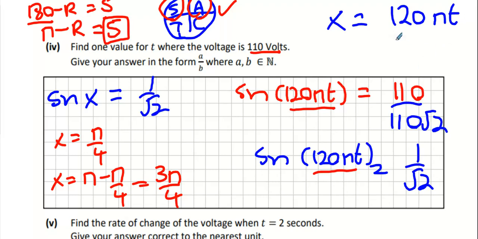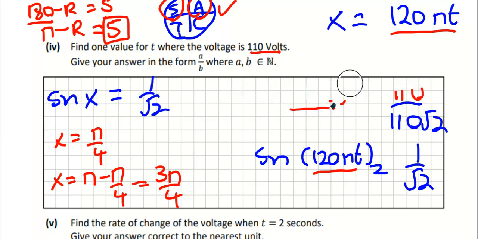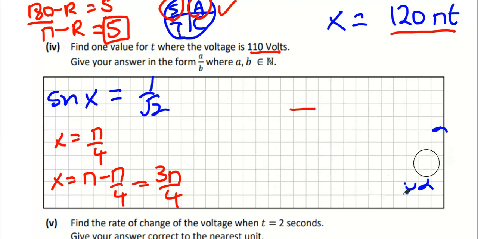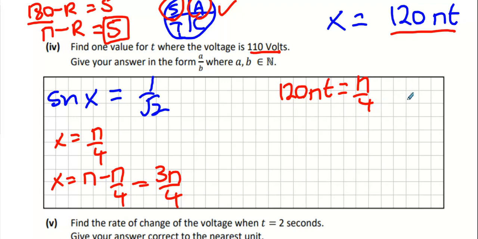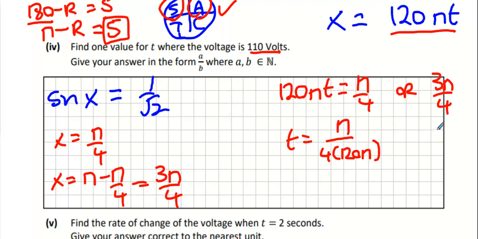Remember I said x is 120 pi t. They only are after one value anyway, but I'm going to give them 2 values. So 120 pi t is equal to pi over 4 or 3 pi over 4. We're going to divide by 120 pi, so we get pi divided by 4 times 120 pi, or 3 pi divided by 4 times 120 pi.